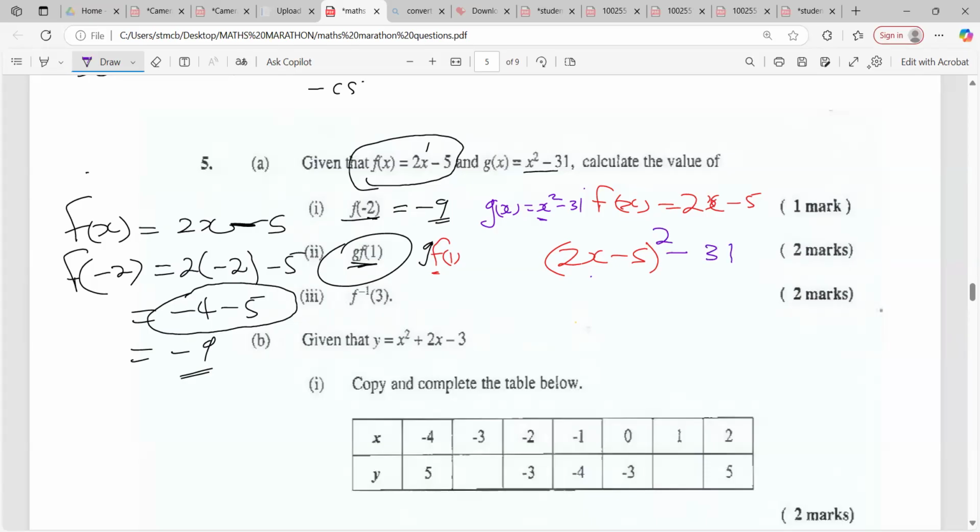Tell me if you don't follow, guys. So you write the first function, which is the last function, which is F, 2x minus 5. And because this is x squared, this is literally x. So just as is, x squared minus 31, you write back this. All right. Now, this is what we call an expansion.